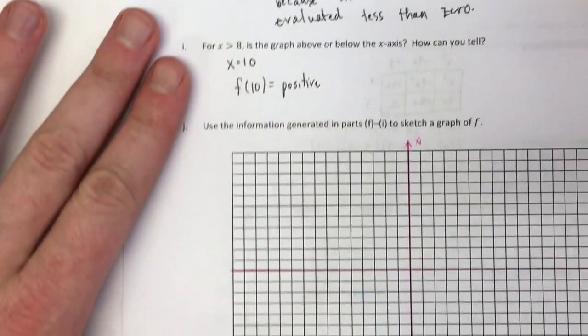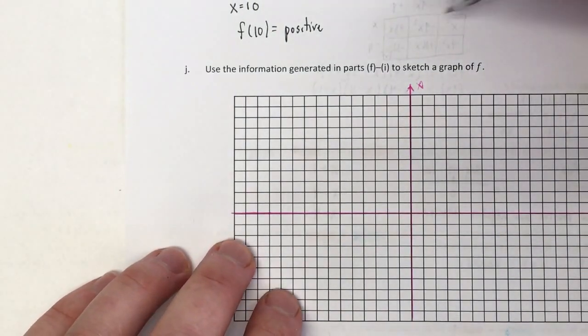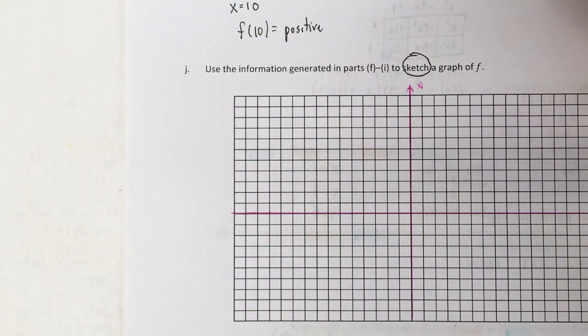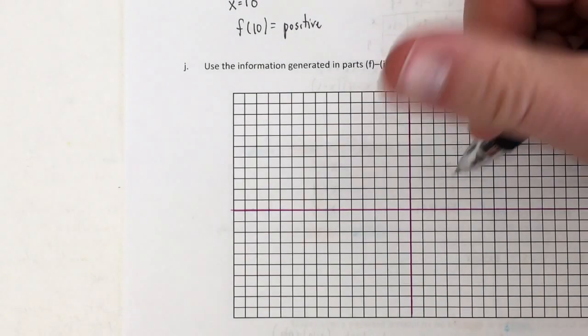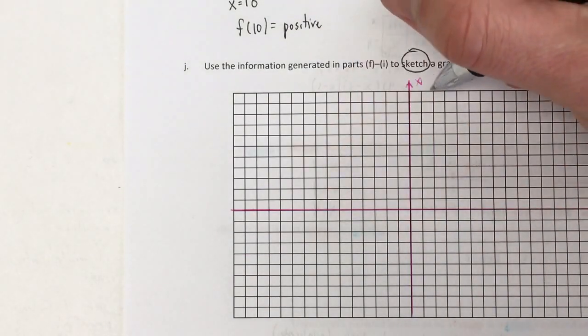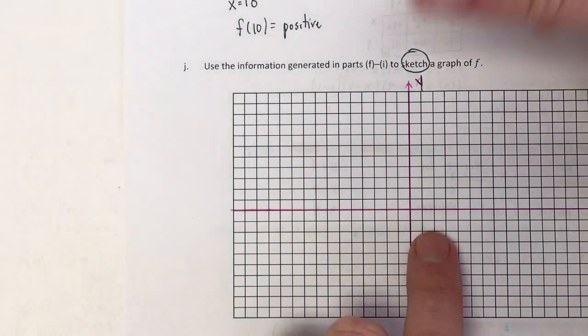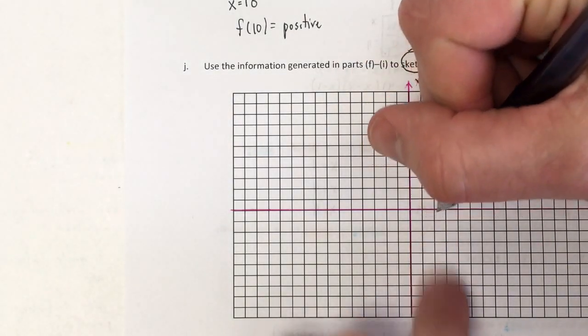And so what they're asking us to do is generate a sketch. A sketch is exactly what it sounds like. It's not completely accurate, but it does give us a lot of information about the graph. And so if I'm thinking about my zeros, I've got this axis here, and I can label this.